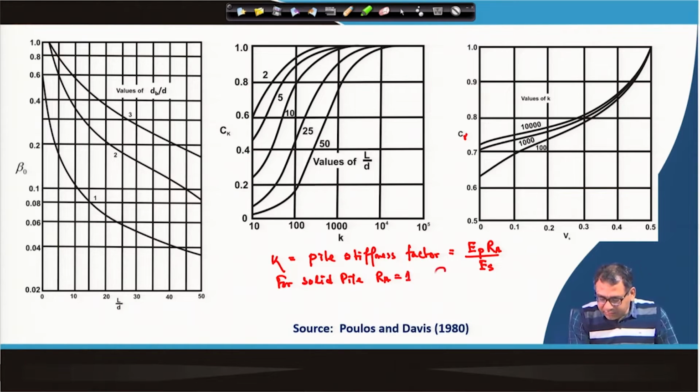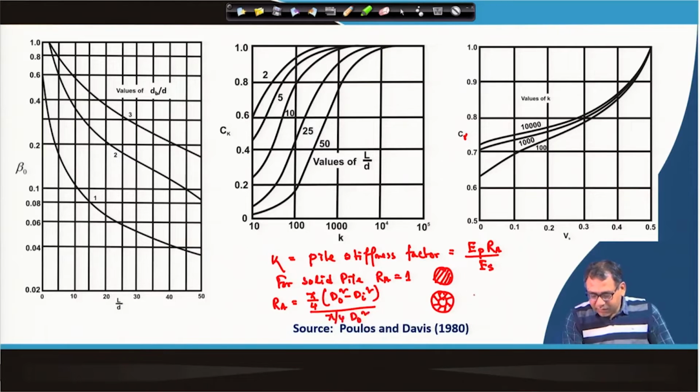For a hollow pile, R_a is equal to pi by 4 (d_0 squared minus d_i squared) divided by pi by 4 d_0 squared, where d_0 is the outer diameter of the pile and d_i is the inner diameter.